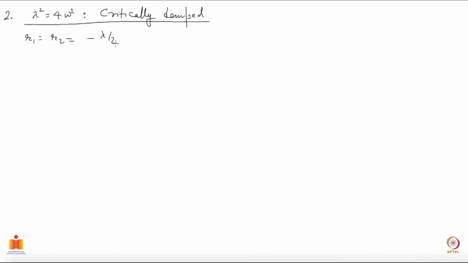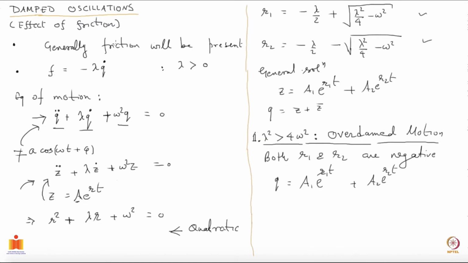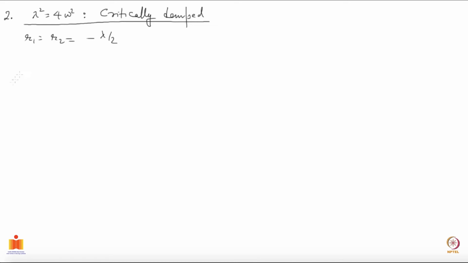So let's find the solution corresponding to R1. Let me write the general solution. The general solution will be a linear sum of solutions corresponding to R1 and R2, and corresponding to R1 you get e to the minus lambda t with some constant a1.